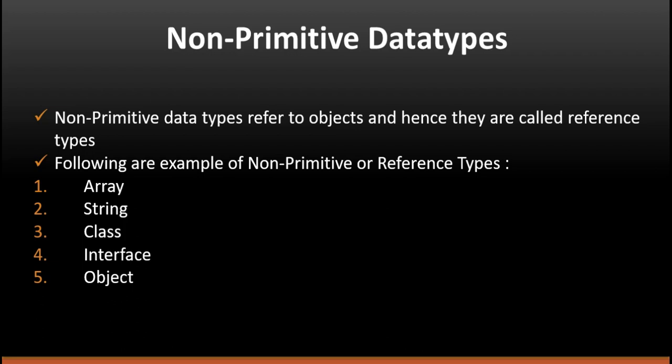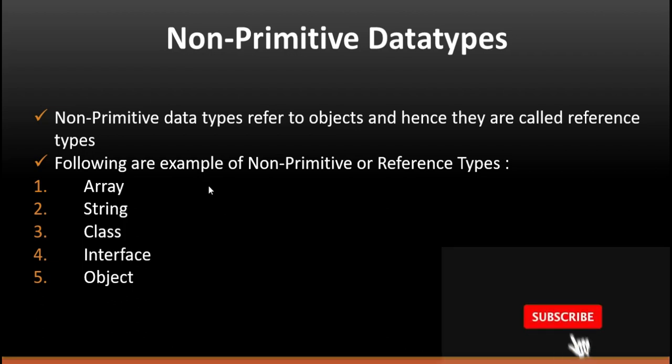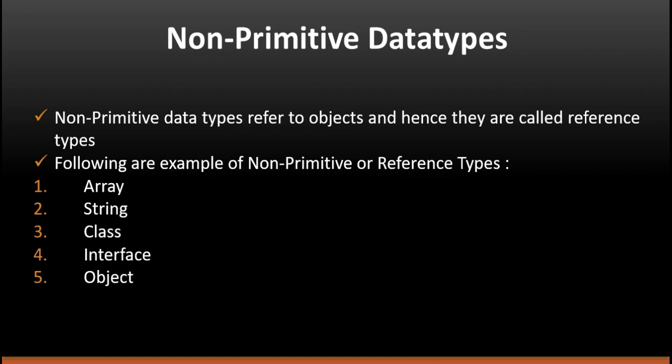They all belong to non-primitive data types. So if you want to use this type of data, you have to create an object of this particular data type, and then you can use that data. So this was all related to non-primitive data types. I'm going to cover details of each and every non-primitive data type in my upcoming videos.